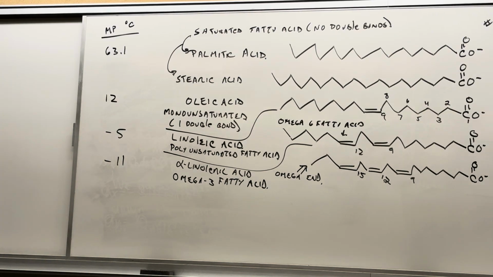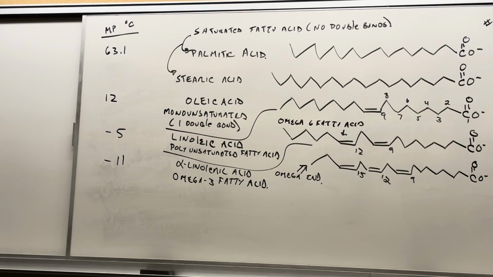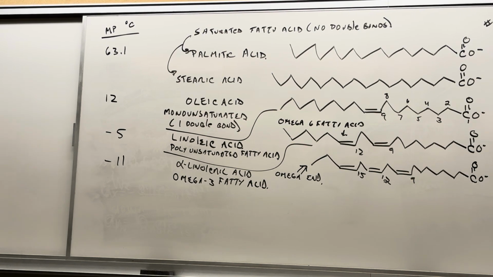The idea is the cis double bond introduces kind of a kink in the chain. If my carboxyl group is here and my chain is hanging down here, it introduces a kink in the chain, and it makes it more difficult for everything to pack together. Did you get a melting point? Yeah, about 69 degrees Celsius. Okay, 69.